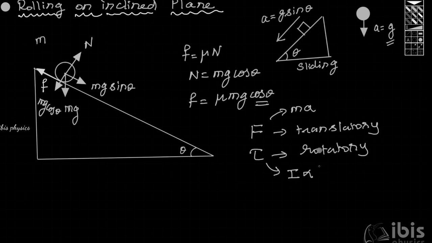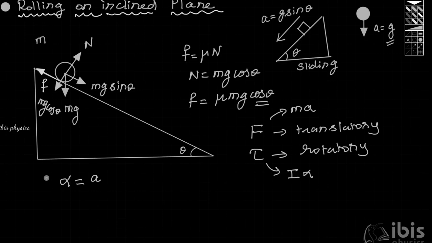How are a and alpha related? If it is pure rolling, and here the assumption is that it is rolling, there is no slipping, no sliding, it exhibits pure rolling motion. In such a case, alpha is equal to a by r.